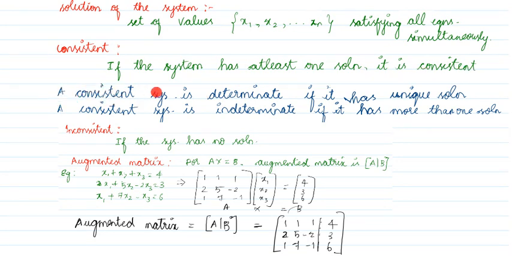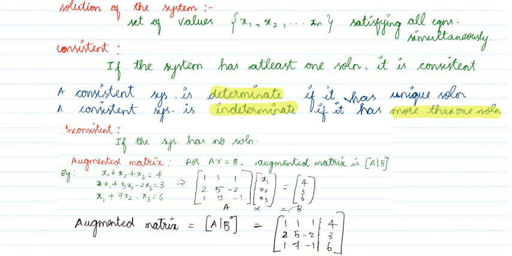A consistent system can be categorized as determinate and indeterminate. If it has a unique solution, the system is determinate. If it has infinitely many solutions, it is indeterminate. And if the system doesn't have any solution, then the system is inconsistent.